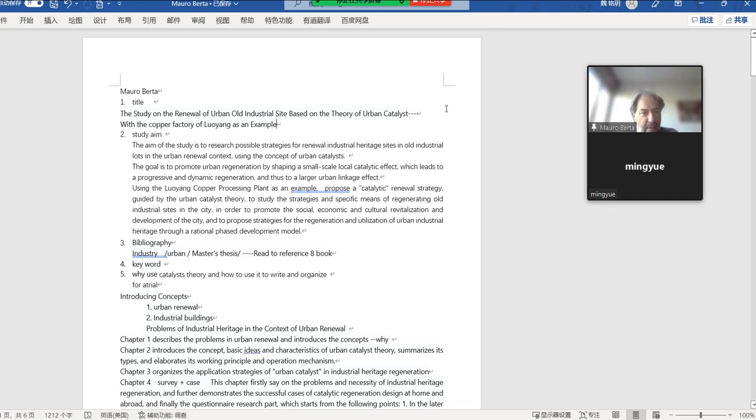This is one of the most important keywords in your work, adaptive reuse, which means that you are reusing an industrial site, changing its original function. So it is no longer a factory; it can become whatever you want, and it means that you are not working on a blueprint.